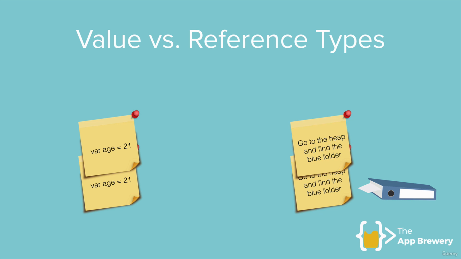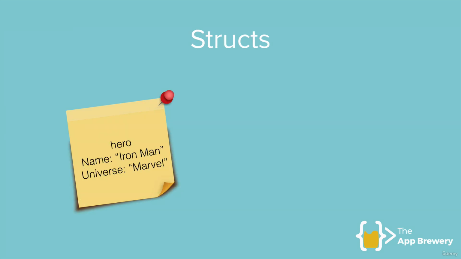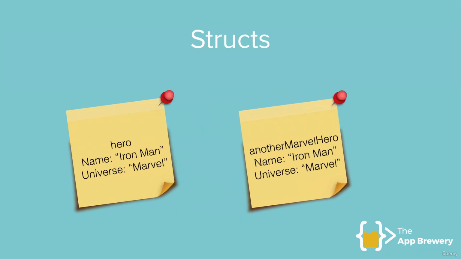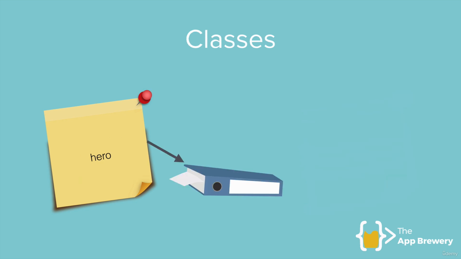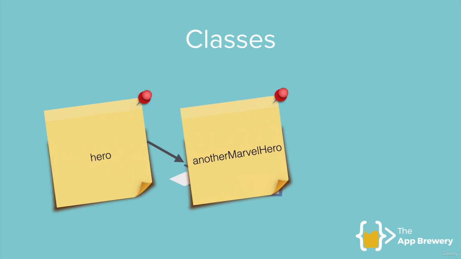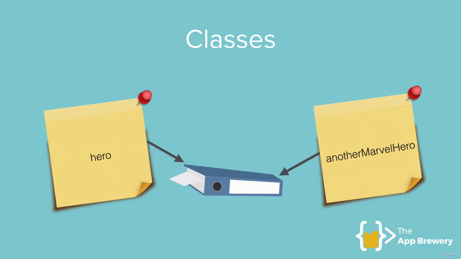There's still only one blue folder that contains all of that data. So whereas with structs, when we make a new copy of the struct, we end up with two copies, each having separate values that can be changed separately from each other. But when we copy reference types, such as classes, then what we end up doing is we don't actually copy the object with all the data. We just copy the reference to the object.